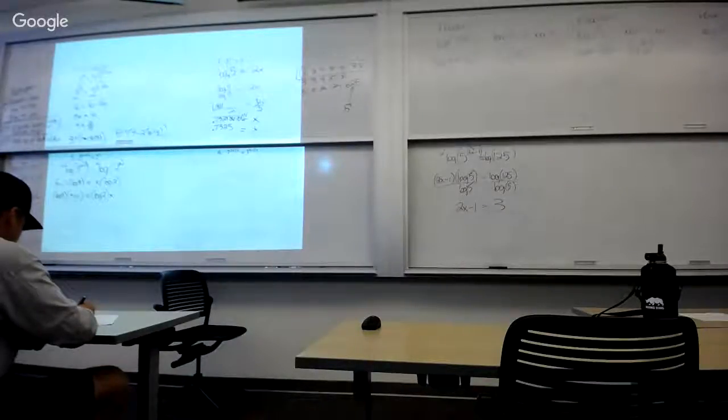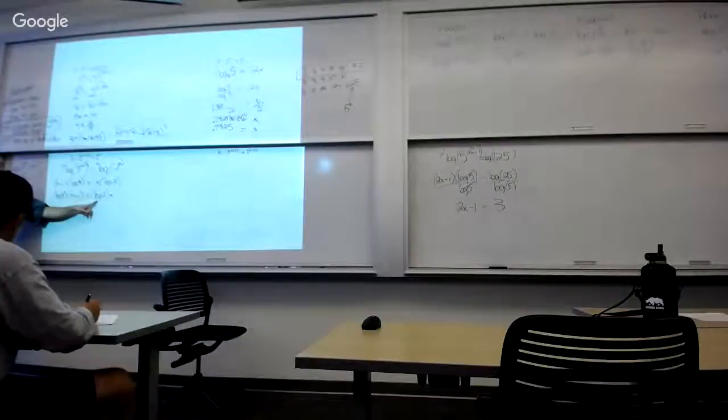This is really straightforward algebra. You just distribute the 3, and then move the x's to the left and the numbers to the right. Distribute the 3: 3x minus 3 equals 2x. I'd move the x's to the left, add the 3 to the right, and end up with x equals 3. So at this point, it's just standard algebra. It's just that we don't have the number 3, we have log 3, and we don't have the number 2, we have log 2. So you just have to keep that there.